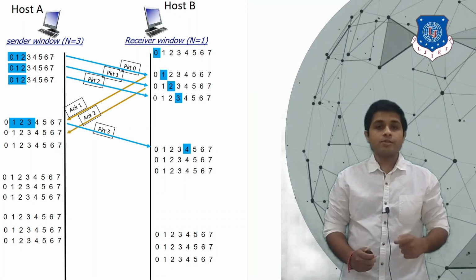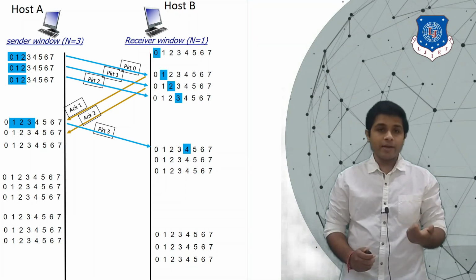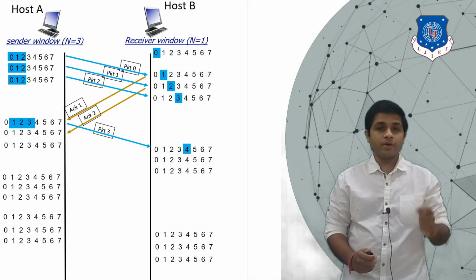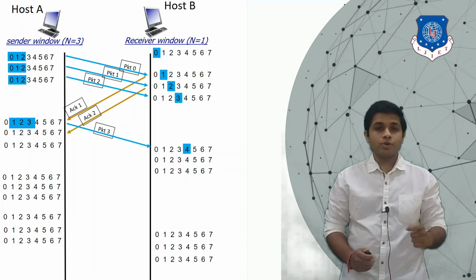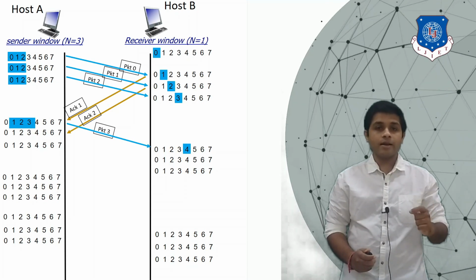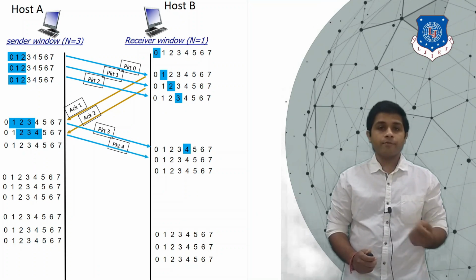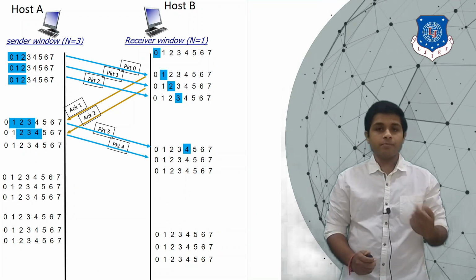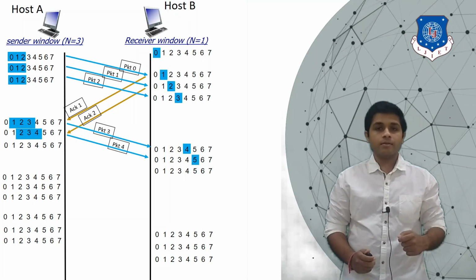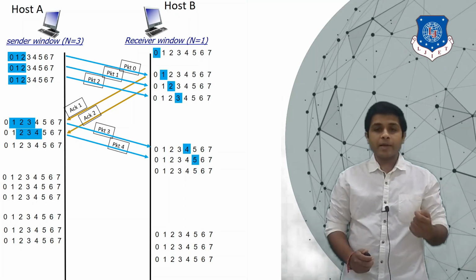As A receives ACK 2, it finds that packet 1 was delivered successfully, so the sender's window will slide, and A will send the next packet, packet 4. B's window also slides, and it is expecting packet 5.